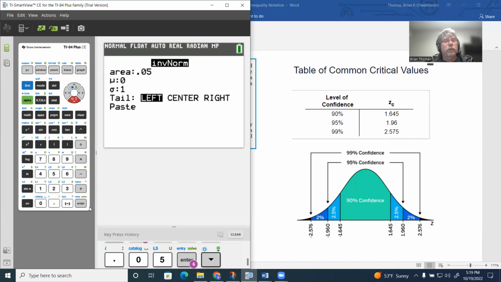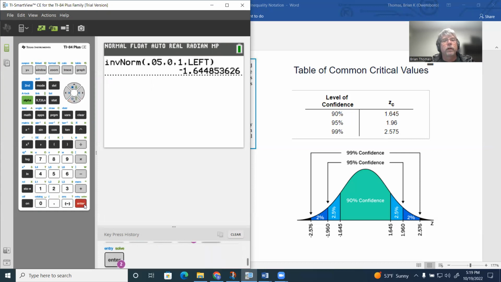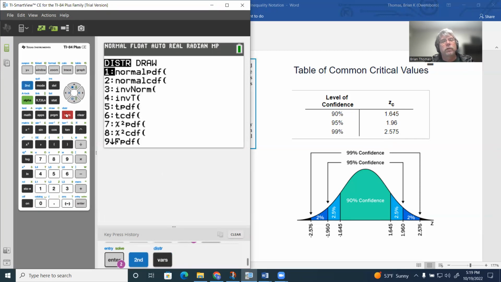So move on down to the paste, and notice how we get negative 1.644, or 1.645 if we round it to the thousandths place. Next, the 95% confidence level. 95% means there's 5% left over, which means 2.5% on each side. So if I use my inverse normal distribution, I can find my Z-score, number 3.